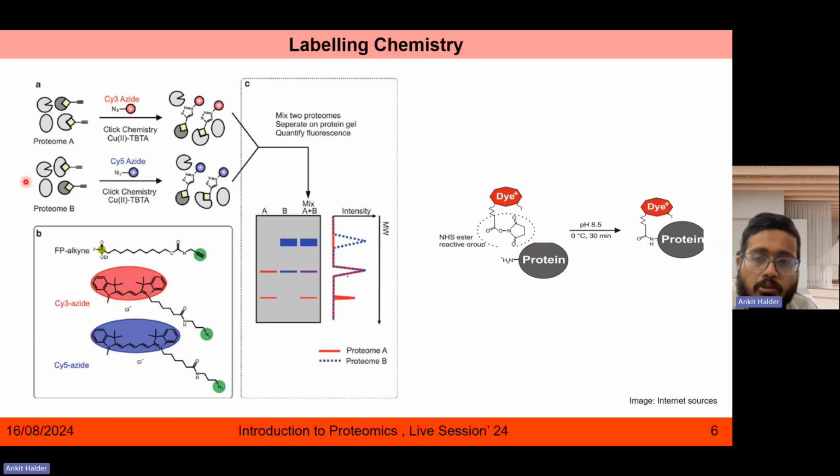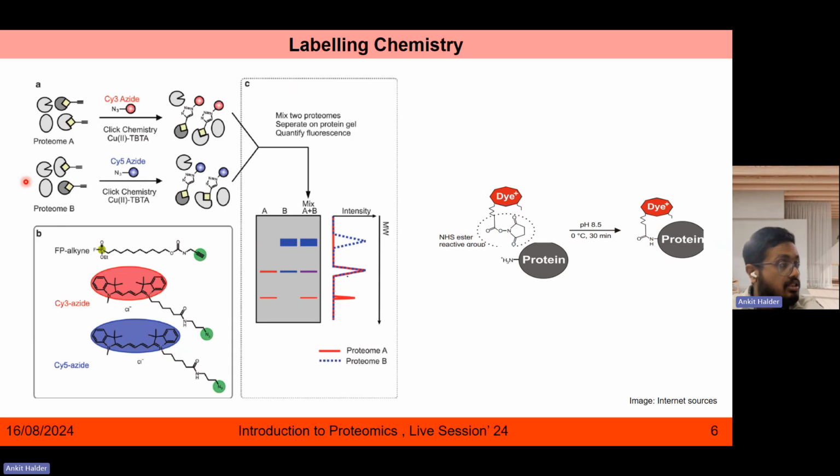Ideally, if we are running each sample in a different gel, there might be high technical variations, and we cannot understand whether it is due to biological variations or technical variations because each sample is running in a different gel.